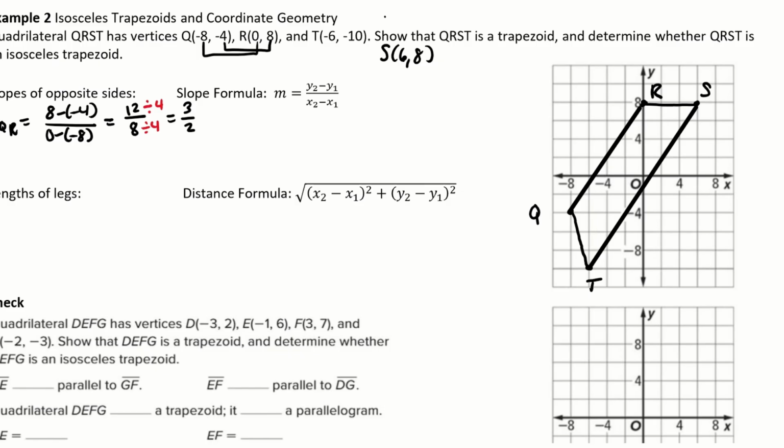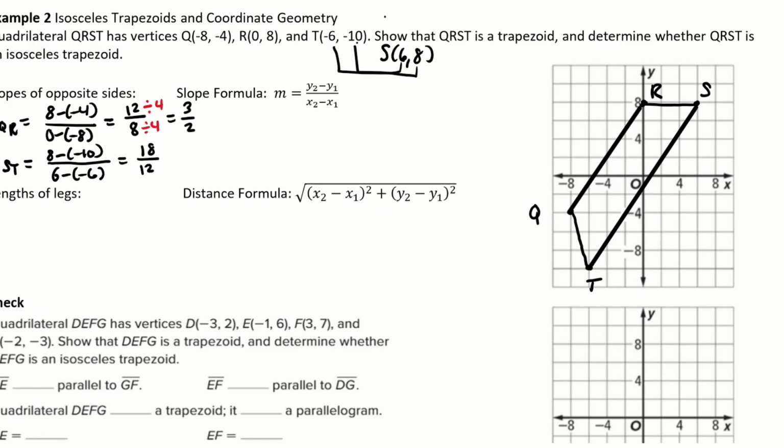And let's do slope of ST. This is why I wanted to put them like this. So subtract the y coordinates, so 8 minus -10, and then subtract the x coordinates, so 6 minus -6. Double negatives are a plus, so that becomes 18 over 12.